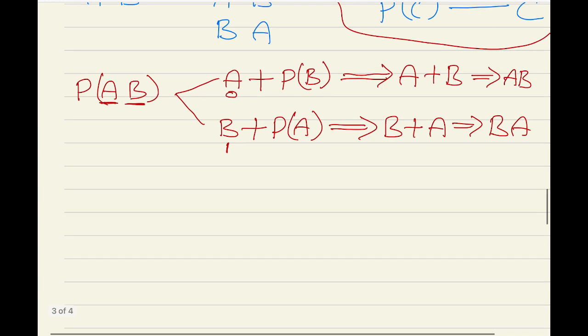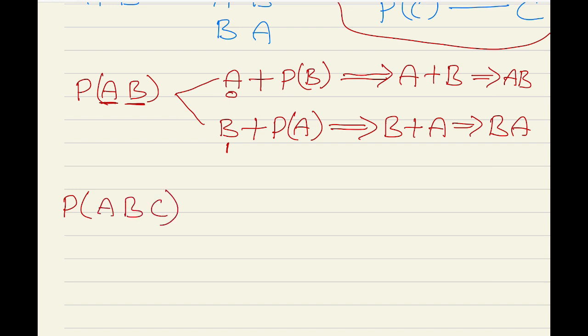Now assume three characters are given, and that is A, B, C. If three characters are given, we can select A first, that means the character at index 0. Then we apply the permutation for BC. So A is concatenated with P of BC.